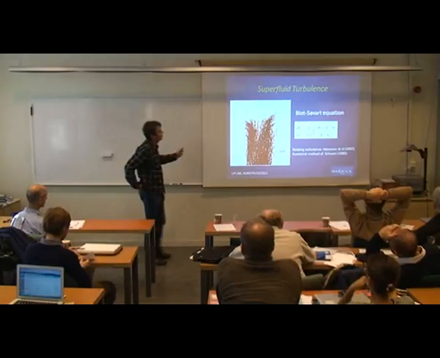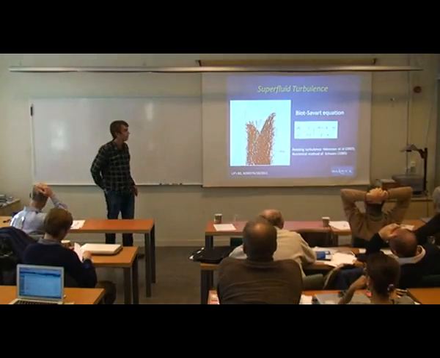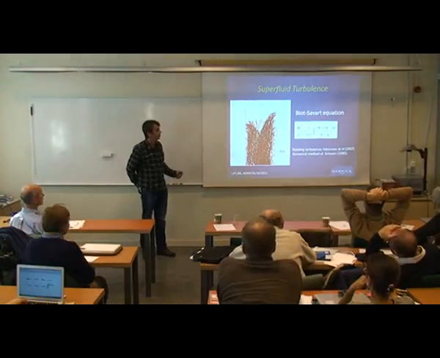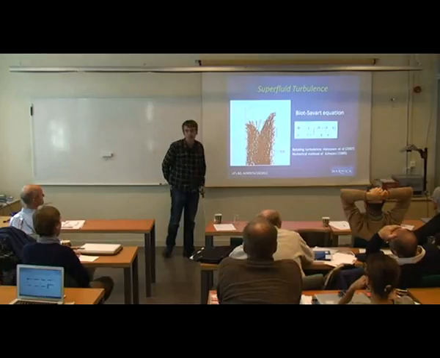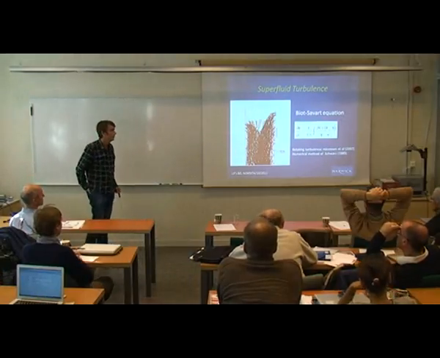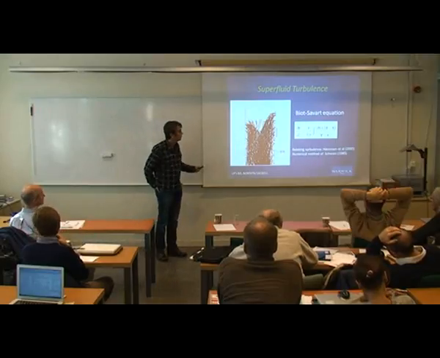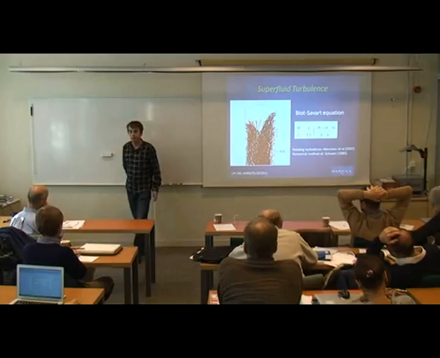So let me just tell you about superfluid turbulence briefly. Some pretty elementary facts first of all, that what it is, as an object. Superfluid turbulence at temperatures close to zero, when the normal component is negligible, consists of a collection, you can say spaghetti or tangle, of quantized vortex filaments.